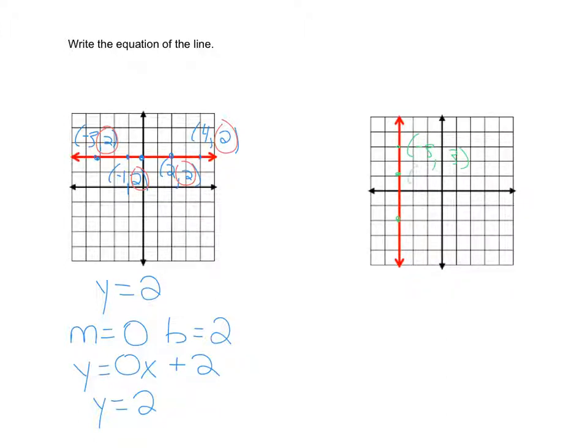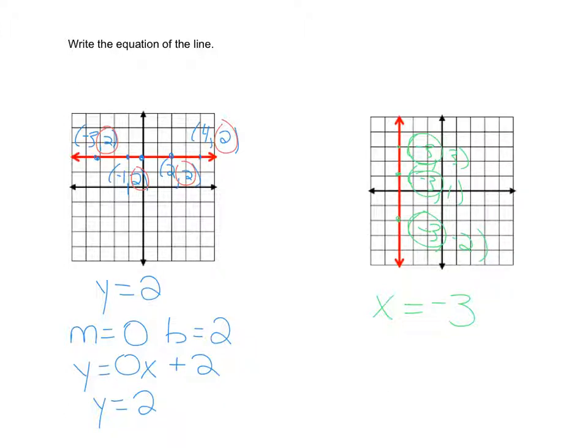This point is -3, 1. This point is -3, -2. What do you notice? The x coordinate has the same value for every point on this line. Every point on this line has an x coordinate of -3. So the equation of this line is x equals -3.